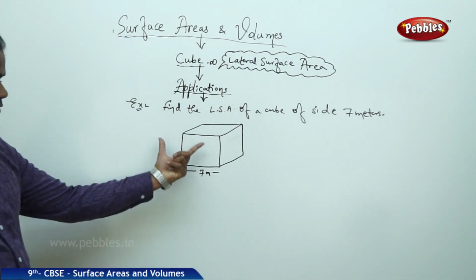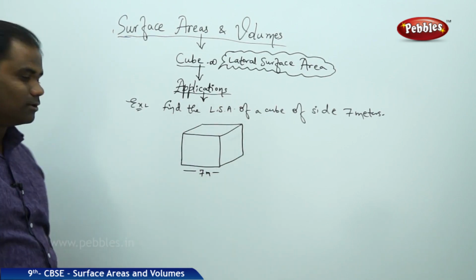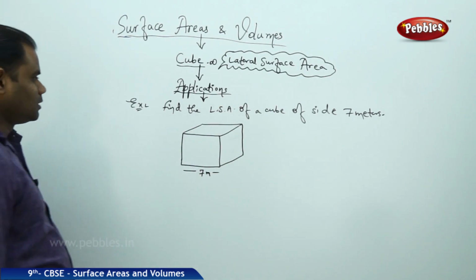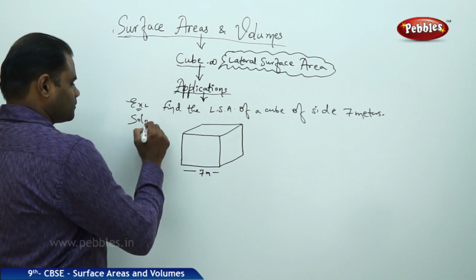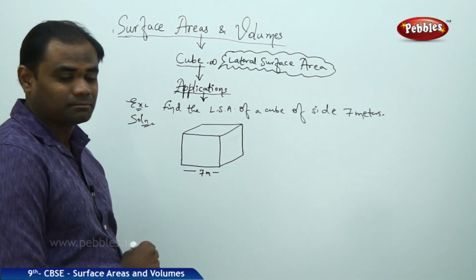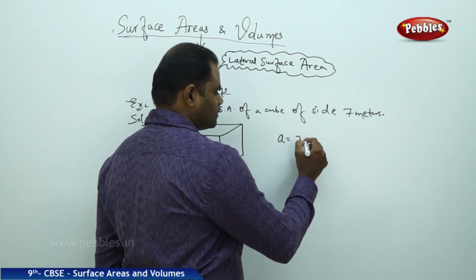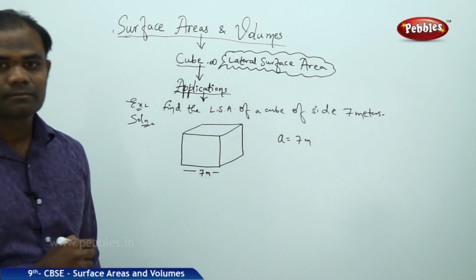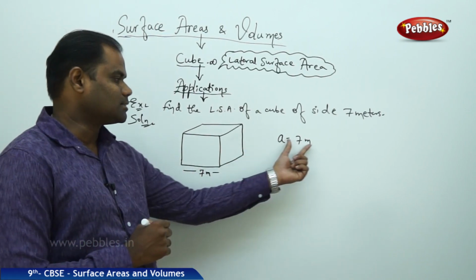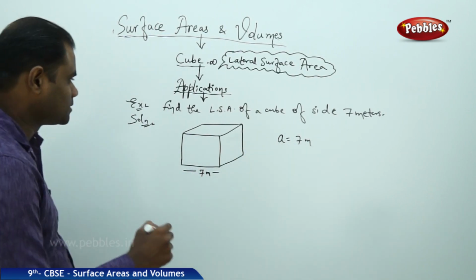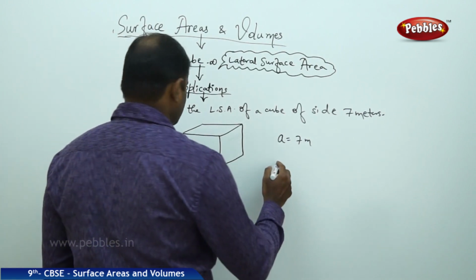Here is a cube of side 7 meters with all sides being equal. Now we need to find the lateral surface area. Now 7 meters is the A which I identified, so my side A is 7 meters.